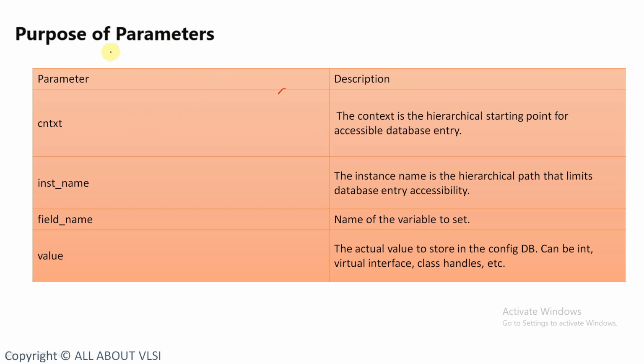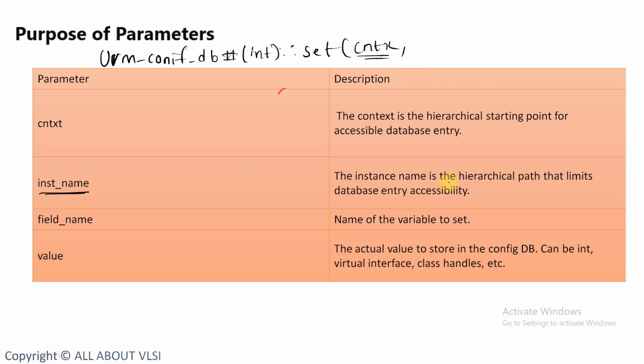I will write it down again here. UVM config db, let's say we are sending an int data type. The first one is context. Using this argument, we are going to mention which component is accessing the database, followed by the instance name.